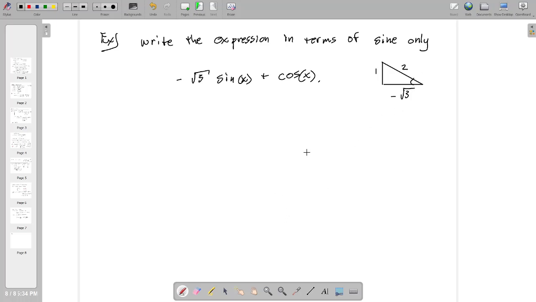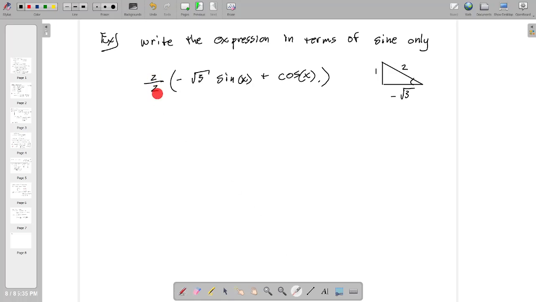We have this angle here. Then, just to show you a little bit more of what's happening, we can divide this entire expression by 2. Of course, we have to multiply by 2 as well. The hypotenuse in this case, well, it will always be the hypotenuse. So we do 2 divided by 2, multiplying the entire expression.